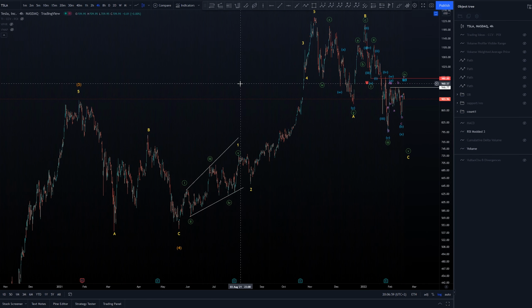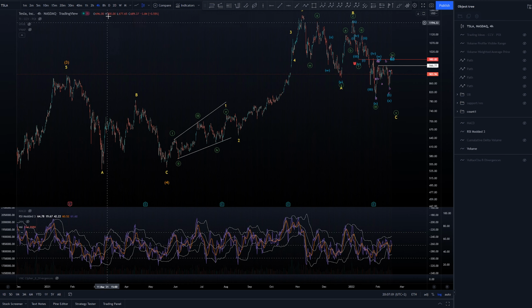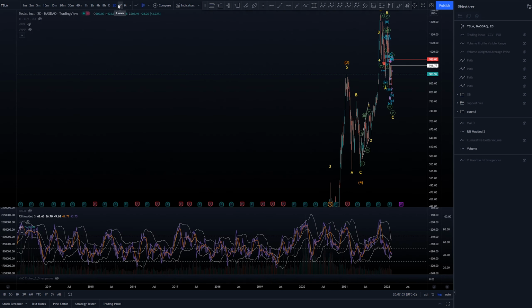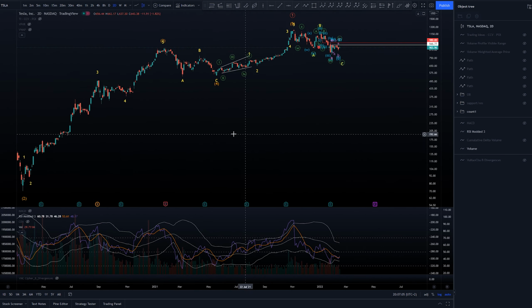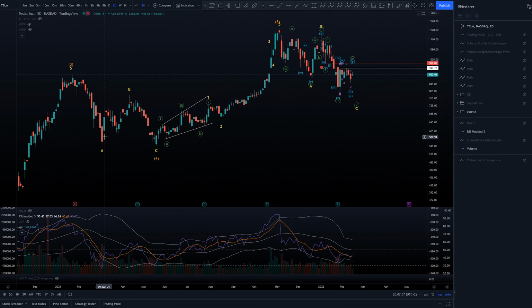There's an issue with this count. For example, let's take, it's 2 day enough, this one. The RSI is higher here, which is an issue because you want a divergence between the 5th and the 3rd.